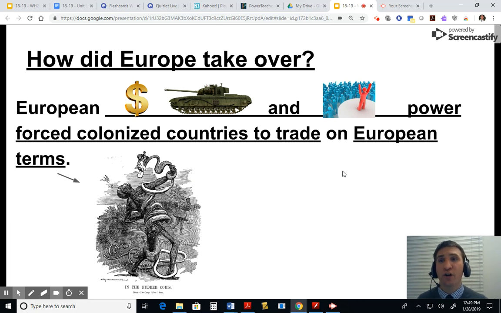How did Europe take over? European economic, military, and political power forced colonized countries to trade on European terms. The Europeans drove the negotiations. They had the power, they had the control, so they got the deal that they wanted out of it.